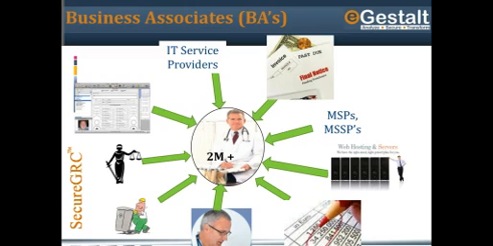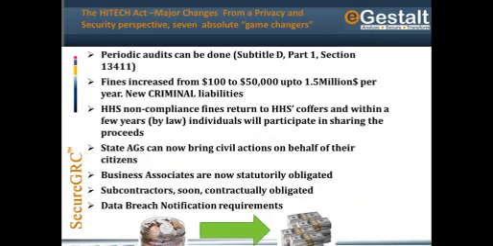And if you look at the number of business associates that are out there, there are roughly about 2 million business associates, along with about 600,000 healthcare providers, starting from small doctors to large hospitals. So some of the key changes that the HITECH Act in 2009 brought about really made HIPAA enforcement happen.